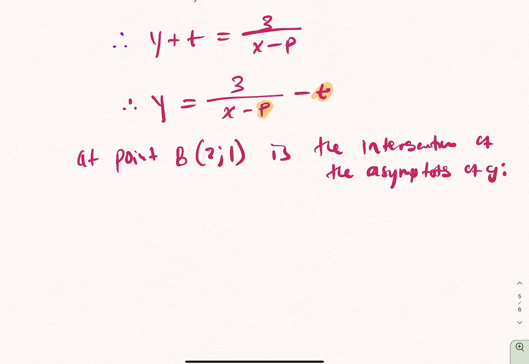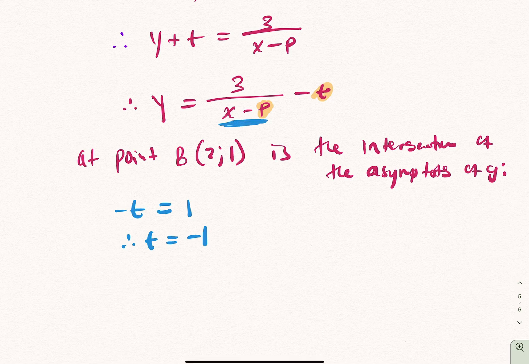All right. So to find your T, you are going to say that negative T is equal to the y value here in the asymptotes, and that is 1. So therefore, your T is going to be equal to negative 1. But for P, remember that you have it in this way.